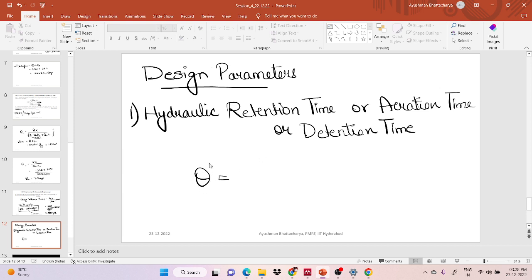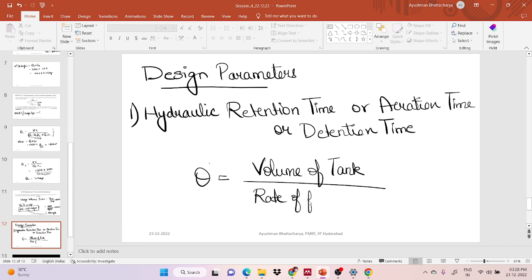It is the ratio of volume of tank divided by rate of flow in the tank. So V by Q basically. So the first design parameter is hydraulic retention time. We can call it aeration time or detention time. All these things are the same.